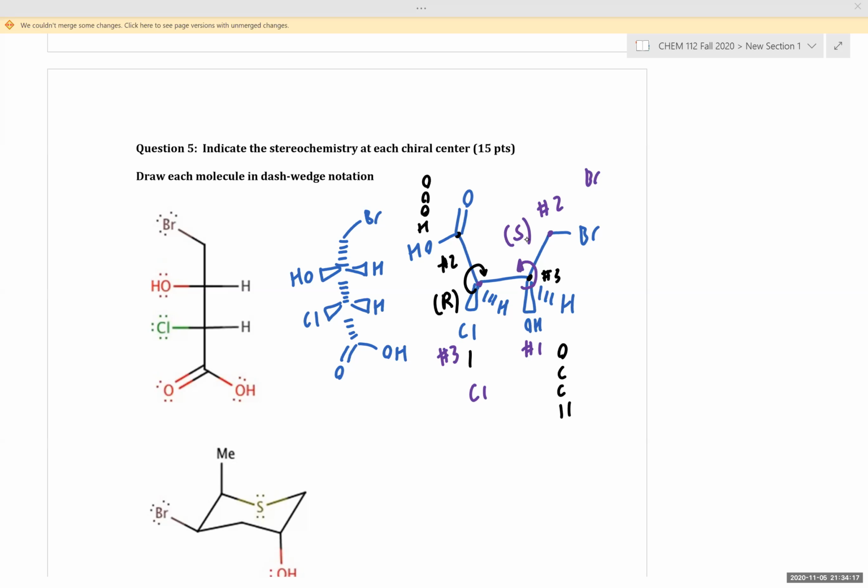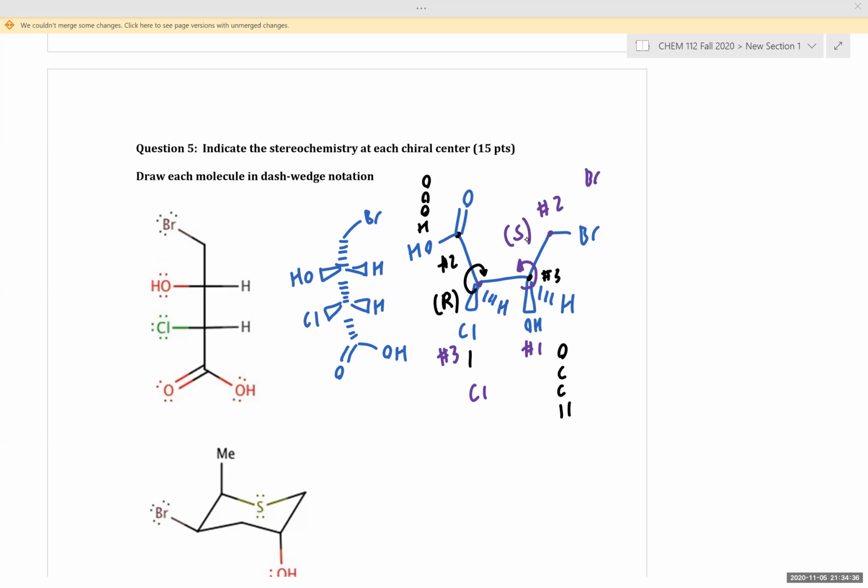So yes, looking at the second carbon, bromine is a higher atomic mass than chlorine. So the carbon with the bromine attached is higher priority. Does that make sense?